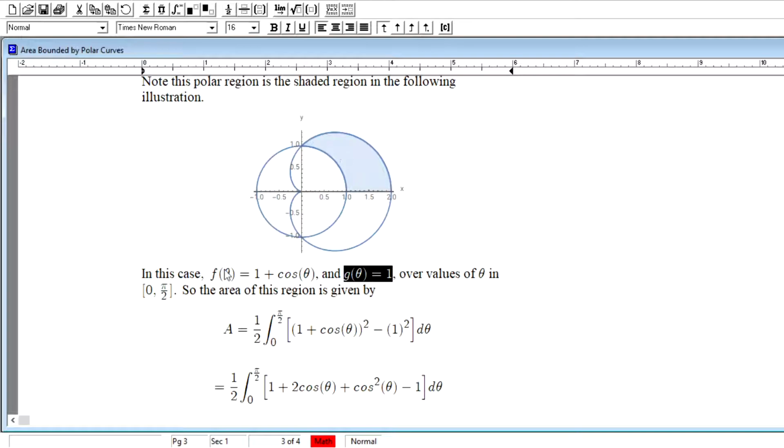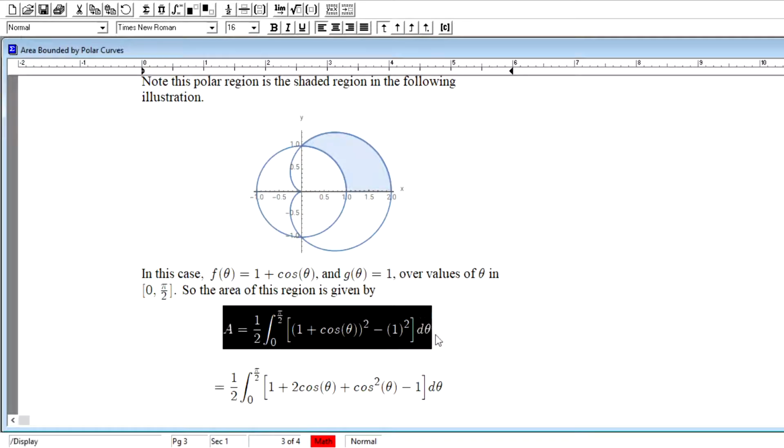This region forms over values of theta from 0 to pi over 2. That is what's given by this calculation.